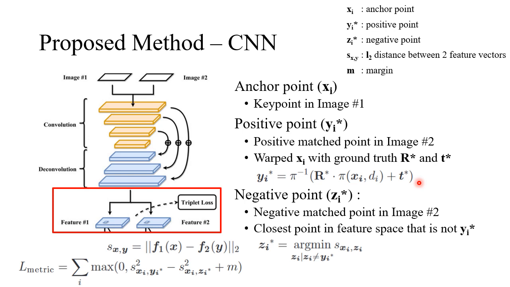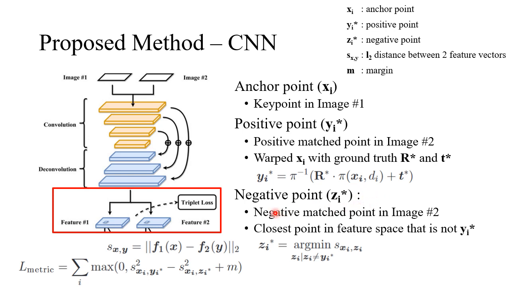It basically just plots the 2D key points of image 1 to 3D coordinates and does the transformation using the given rotation matrix and translation factor to get the 3D coordinates of image 2, which is the target image, and then converts it back to 2D coordinates. And that is how we get the positive match points.